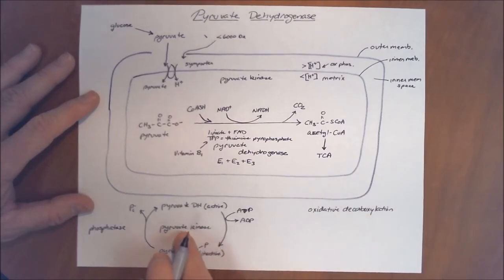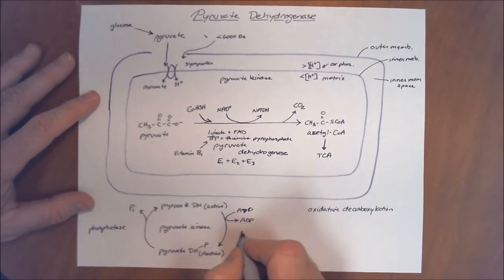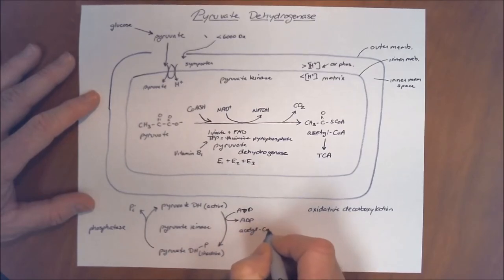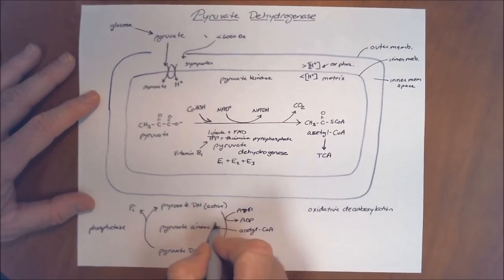So what controls the pyruvate kinase from doing this cycling activity of phosphorylation of the dehydrogenase enzyme are concentrations of acetyl-CoA, so the product of the pyruvate dehydrogenase will activate the kinase.